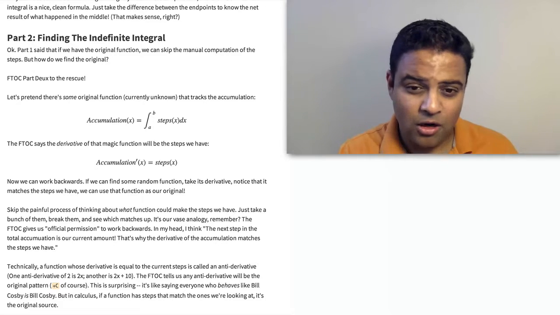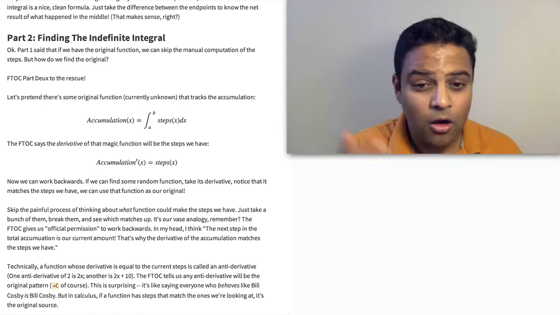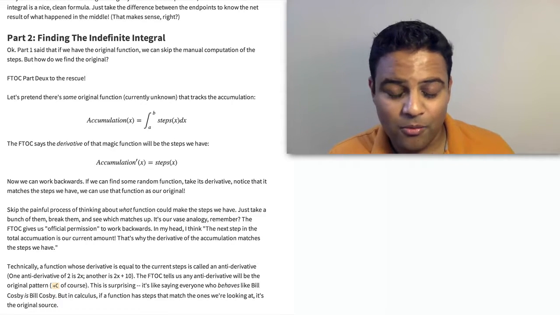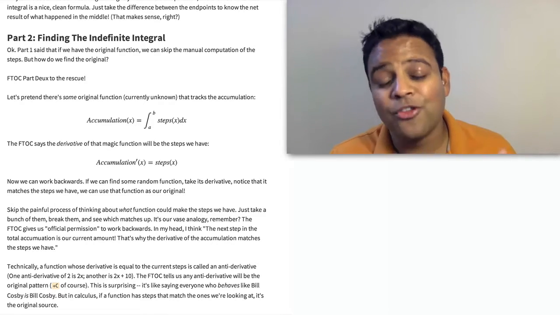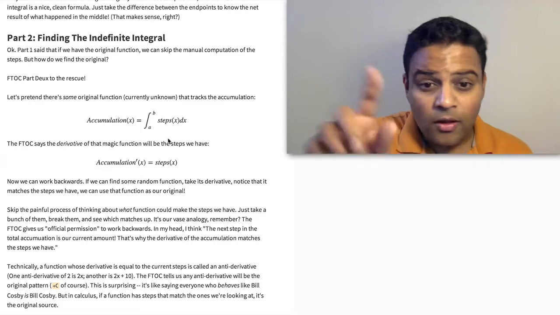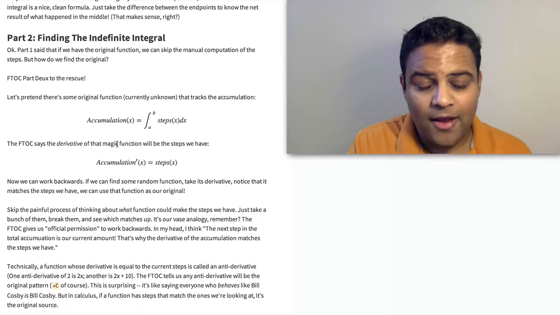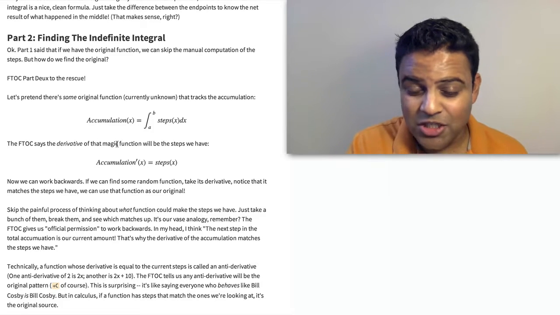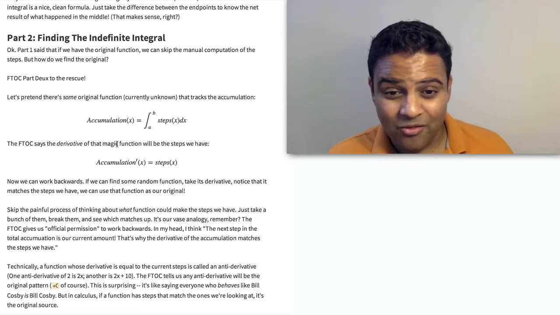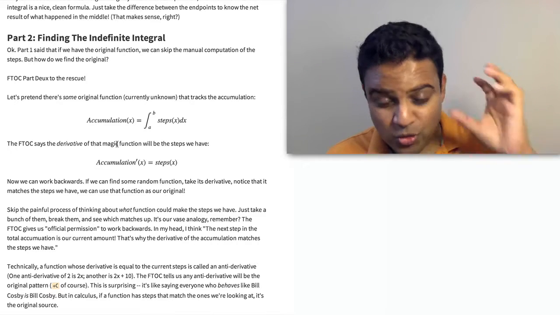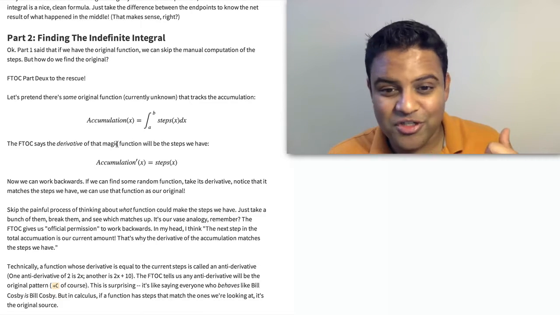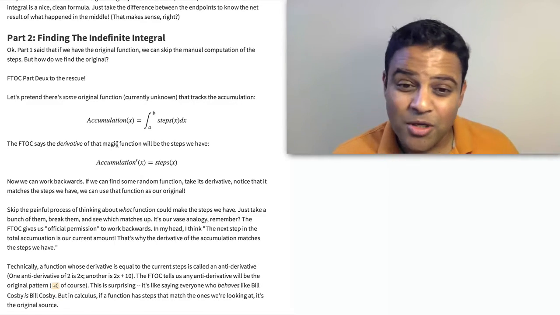And if you brought in some shards that matched the ones that he had broken, he'd say, oh, I already know what vase that came from. The second fundamental theorem of calculus basically allows us to do this. It says that if we take some steps and accumulate them, and then break apart that accumulation, we'll get the same steps that we have now. So if we can find something which, when broken, returns the steps that we have, well, that was the original. And so it gives us permission to work backwards.